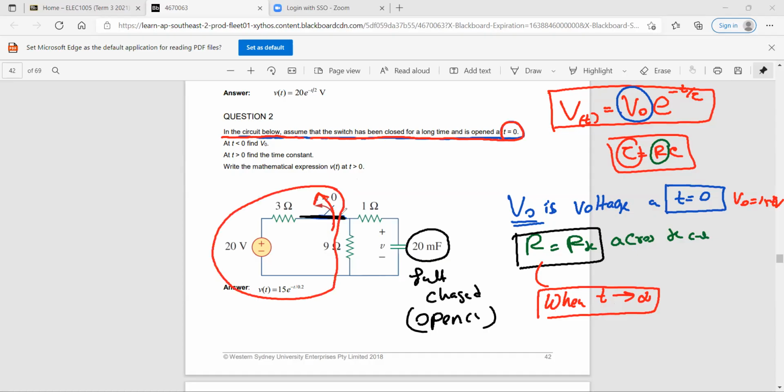This part is connected to the circuit only till time is equal to 0. Am I right or wrong? So when the time is more than 0, you have only this circuit, only the right-hand side of the circuit, because the left-hand side is disconnected. The switch is open. Am I right, guys?